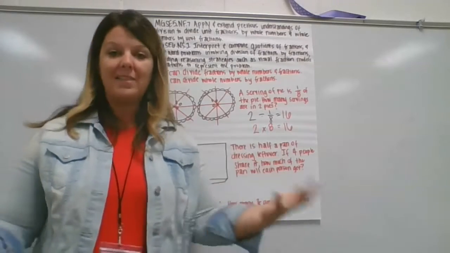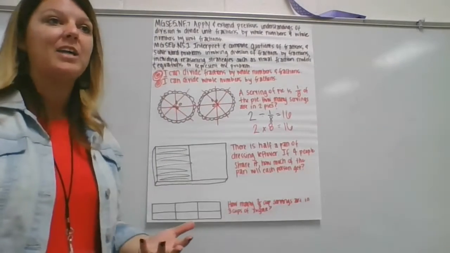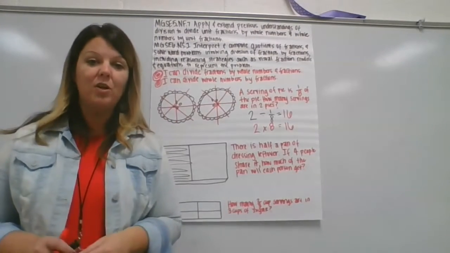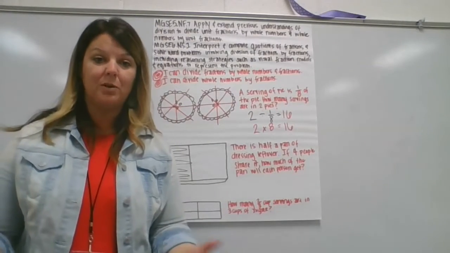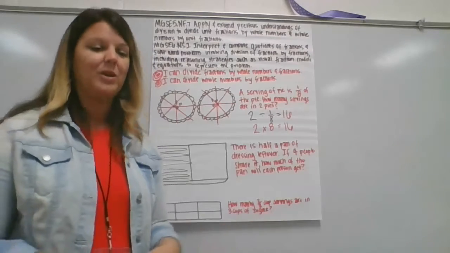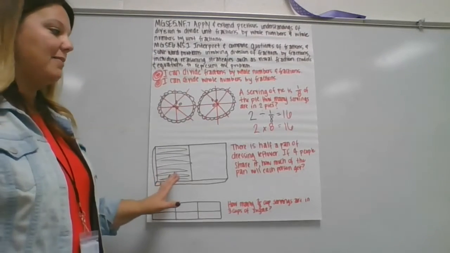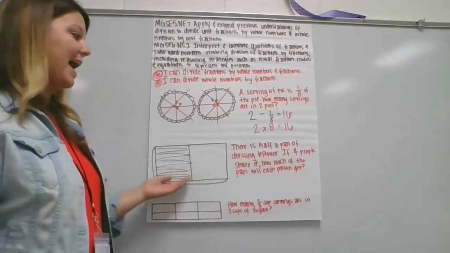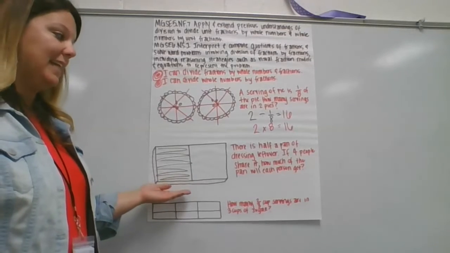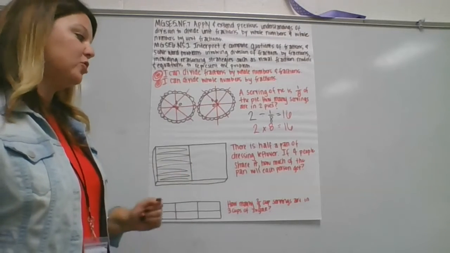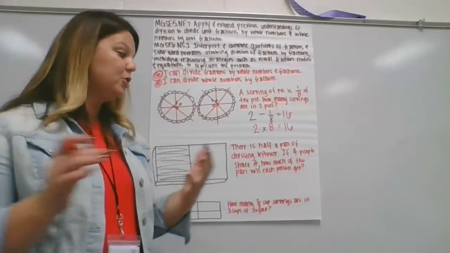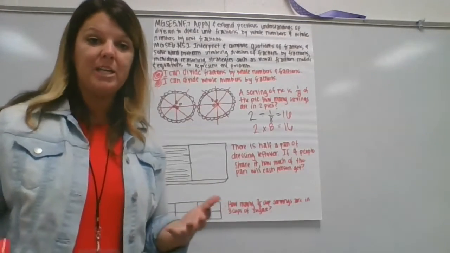This is the way that we generally solve complicated fraction problems where a model is not practical: we multiply by the reciprocal of that number. Let me show you another example. This is an example of a fraction divided by a whole number. We have half a pan of dressing left over. If 4 people share it, how much of the pan will each person get?